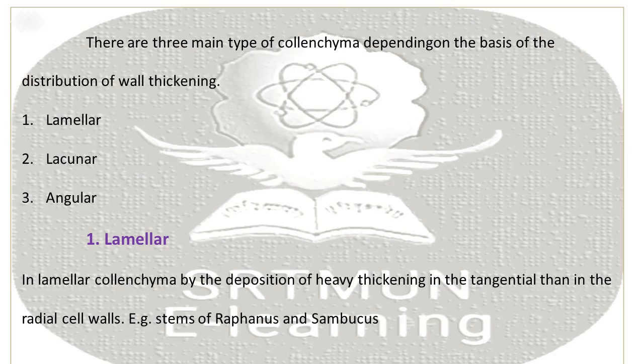In lamellar Collenchyma, there is deposition of heavy thickening in the tangential rather than in the radial cell wall. Example: stem of Raphanus and Sambucus.